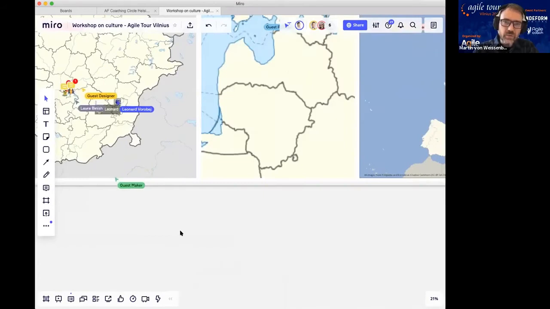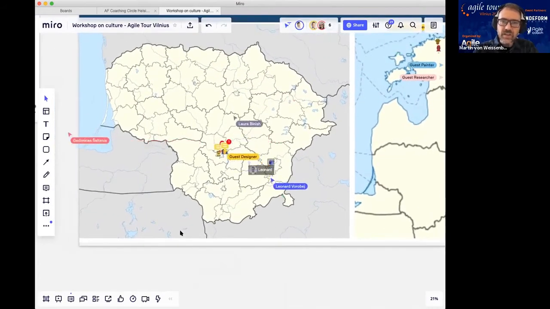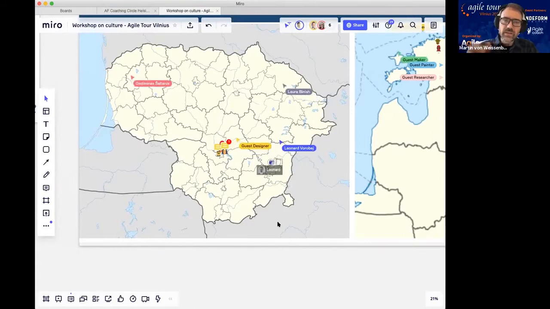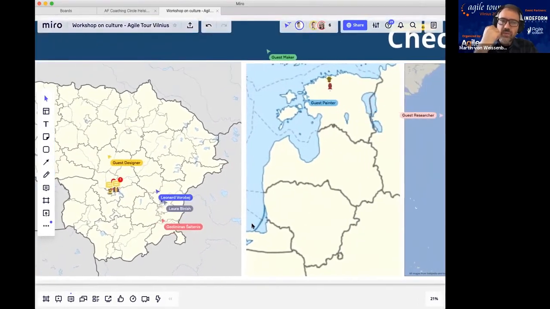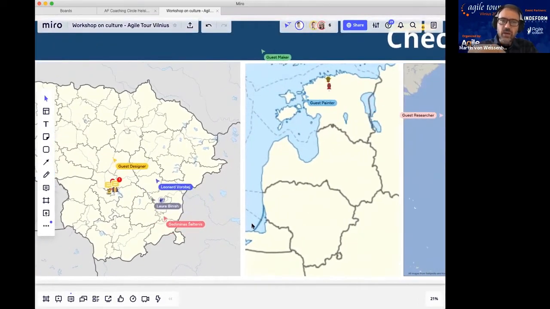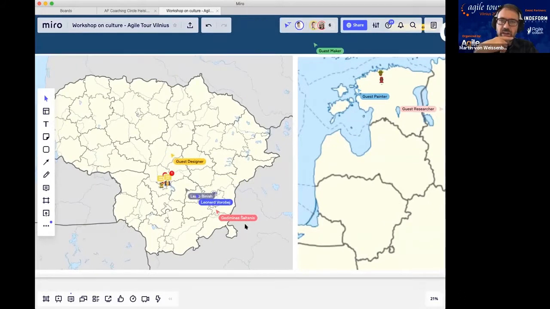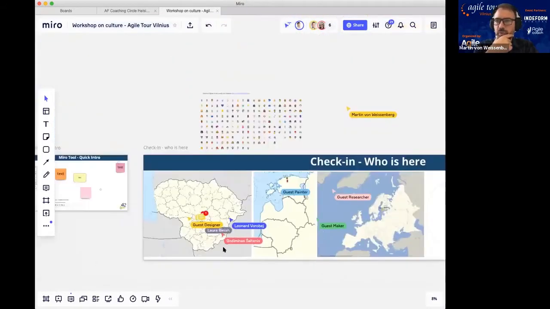And then the rest of you are guests. So we have guest designer and guest painter and guest researcher and so on. That depends on whether you have a Miro account. There's a free account, and obviously they have paid features. It's a freemium business approach. I just wanted to say that some of you are anonymous because you don't have those accounts. So that's okay. Not a problem.